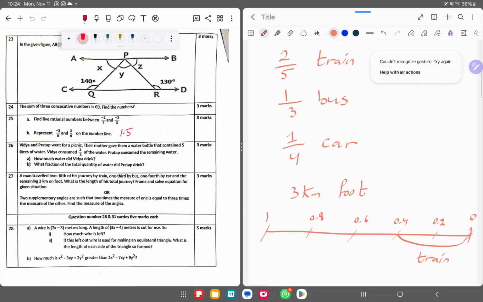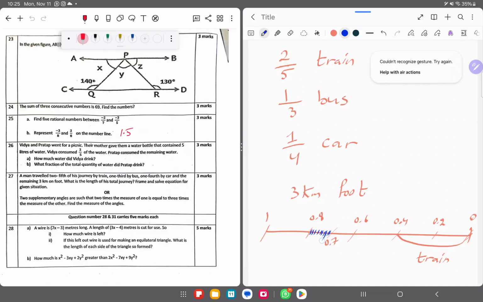Now 1 over 3 of the journey is 0.33. Now 0.33 plus 0.4 is 0.73. So this one is 7 here, 0.7. So I need 0.7. 1, 2, 3, 4, 5, 6, 7, 8, 9, 10.